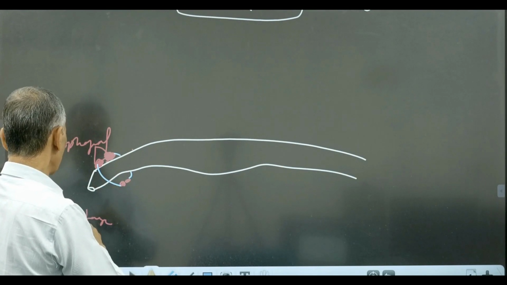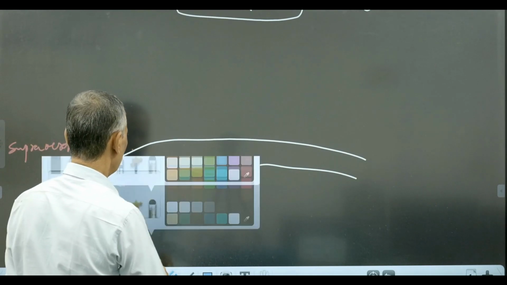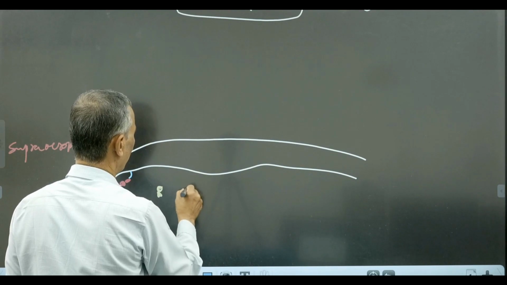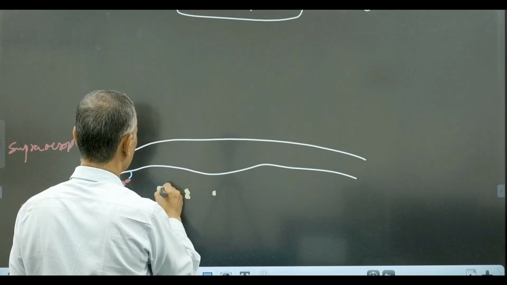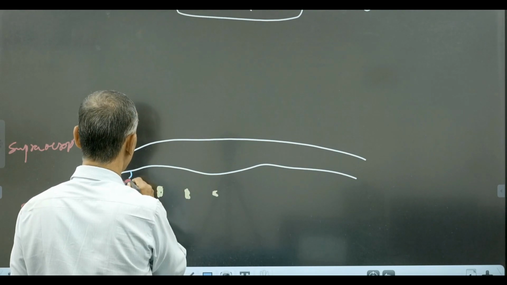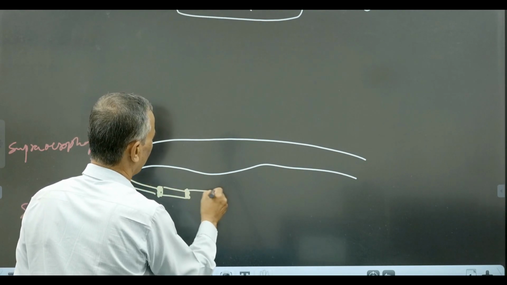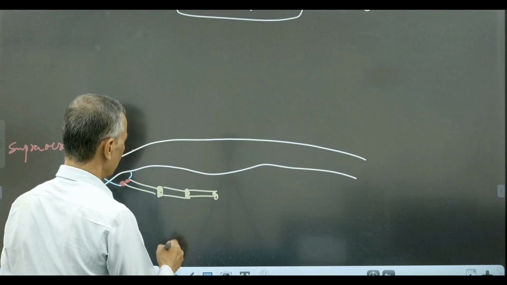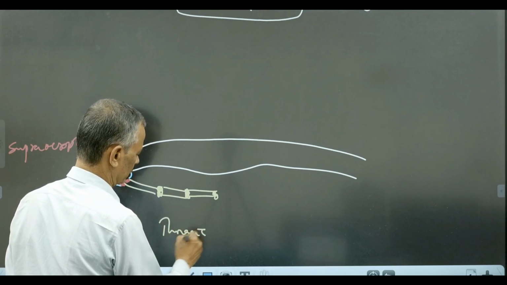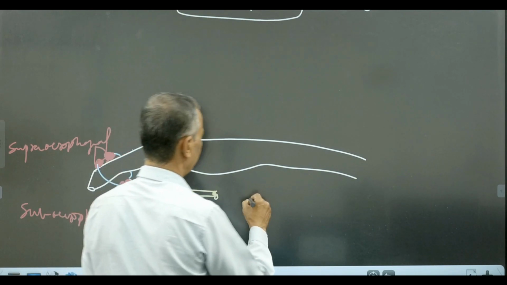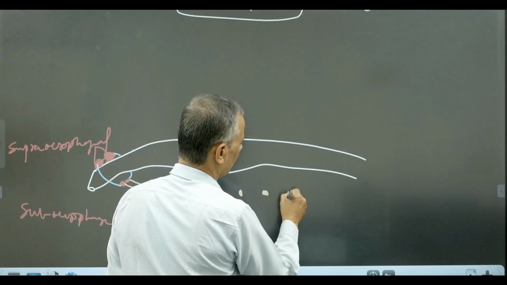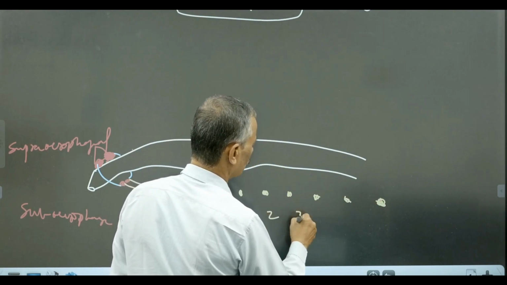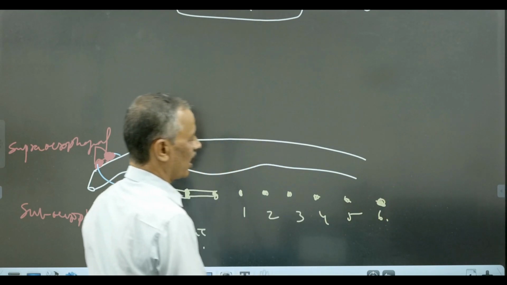Now, from the subesophageal ganglion, you have a double ventral nerve cord. This double ventral nerve cord has ganglia, 3 ganglia in the thorax. They are called the thoracic ganglia. And 6 ganglia in the abdomen, 1, 2, 3, 4, 5 and 6 abdominal ganglia.